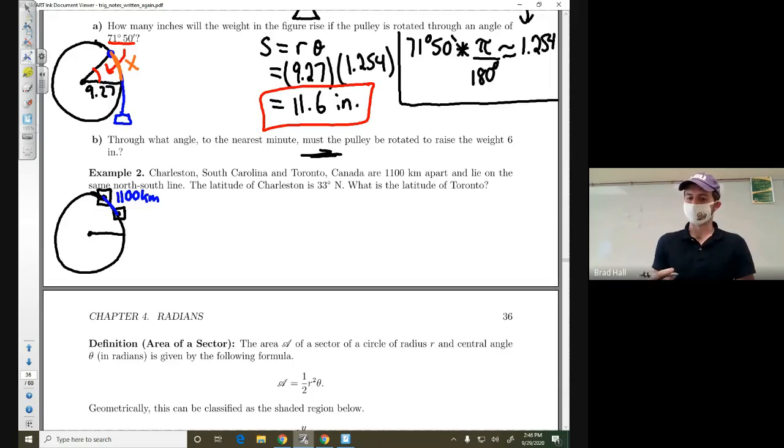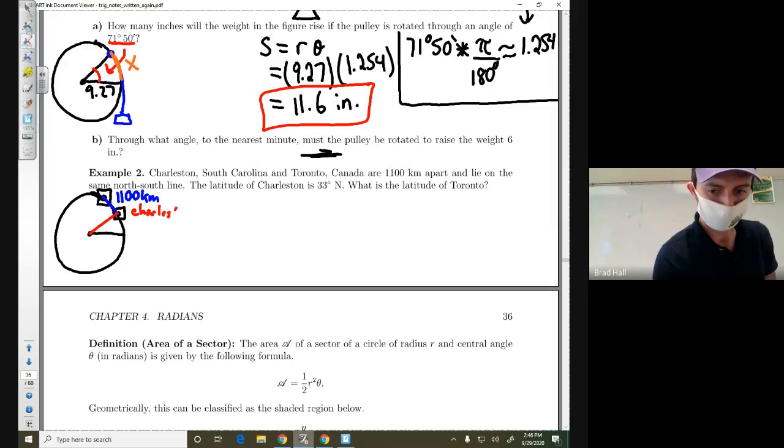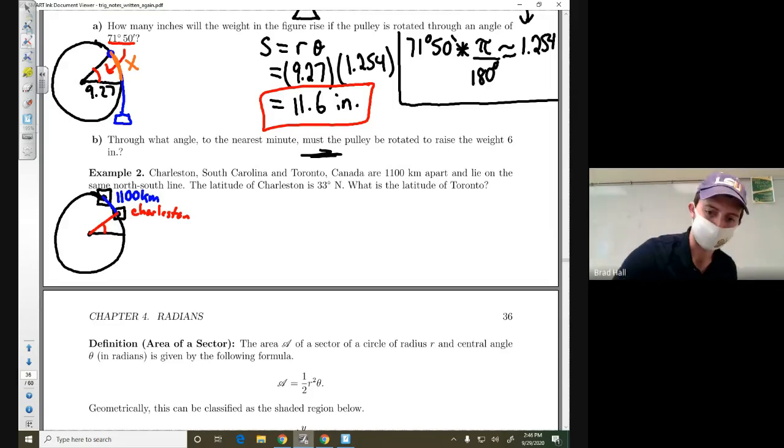And they also tell us that the latitude of Charleston is 33 degrees north. So Charleston was the first one. This one, that's Charleston. Of course, the other one's Toronto. They told us, really, they're telling us the angle here.